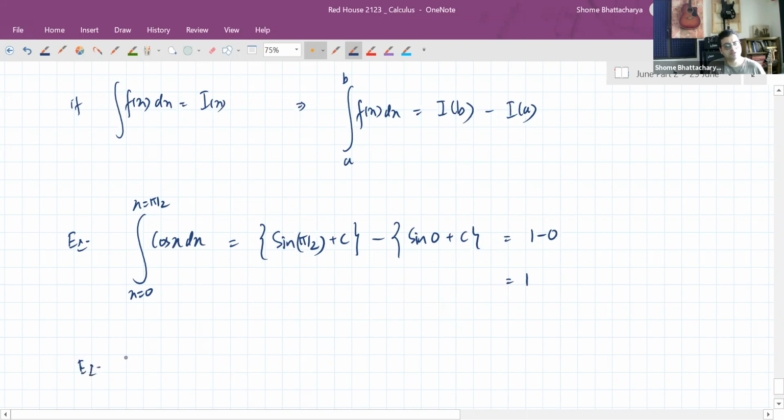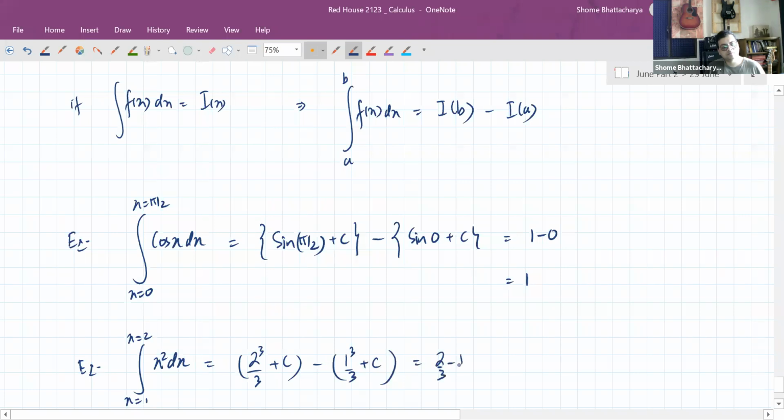If we want to do, for example, integration of x square from x equal to 1 to x equal to 2, that will become 2 cube by 3 plus c minus 1 cube by 3 plus c. That becomes 1 by 3.